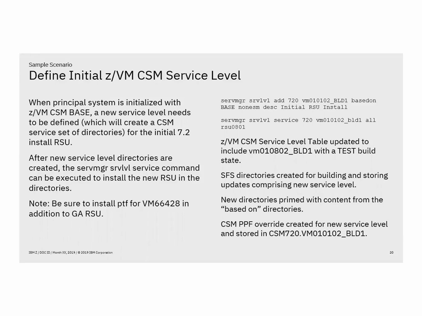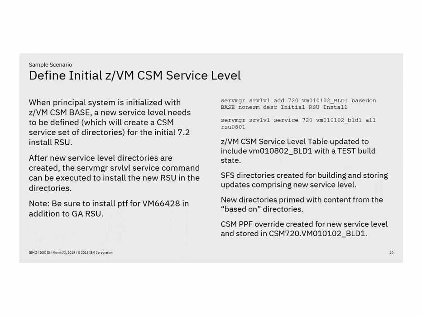My name for my service level is this long name, VM010102_BUILD1. That's just the name of the service level. It will result in a directory qualifier being added under CSM 720, and all of the directories for this service level will be under that qualifier.